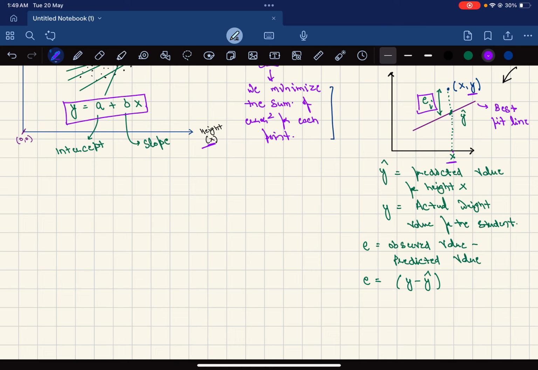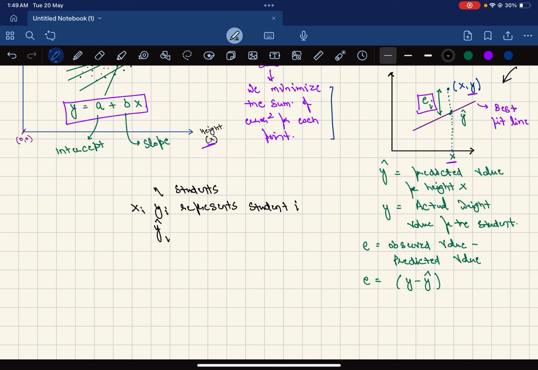So first, since we are selecting one student here out of, let us say we have total n students, xi, yi represents the data point for student i. So xi is the height of student i, and yi is the weight of student i.